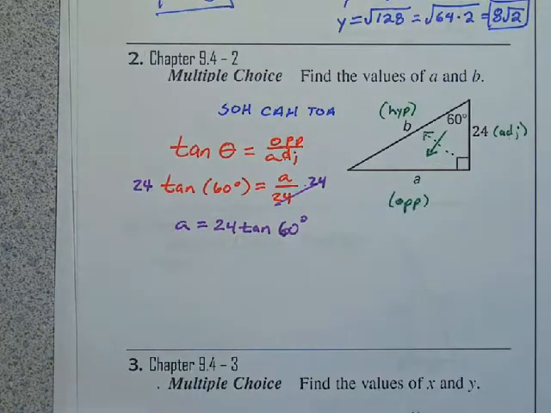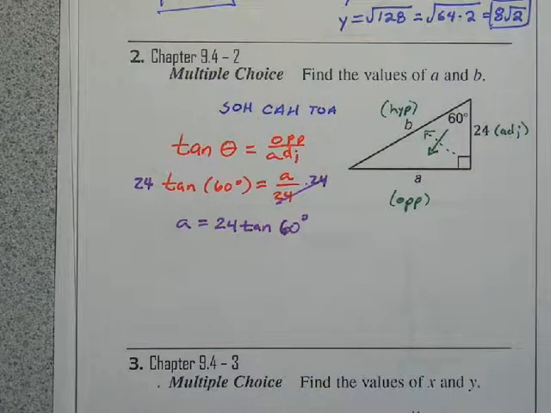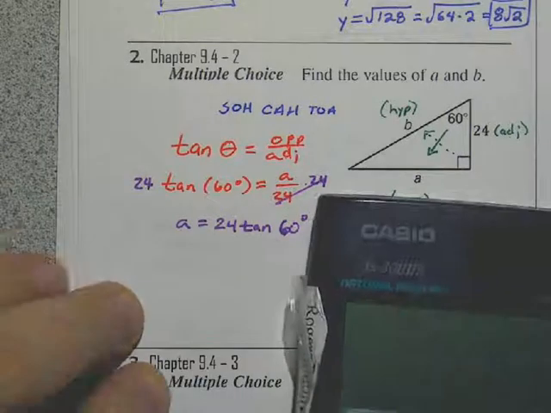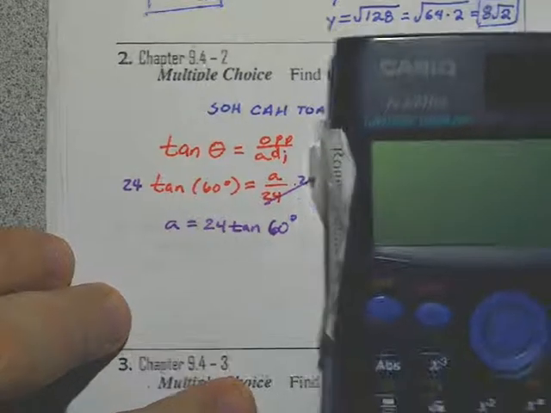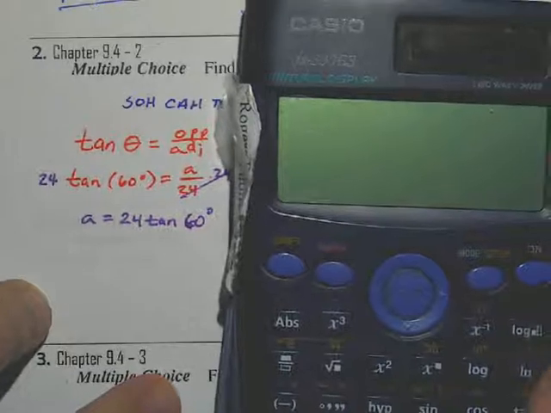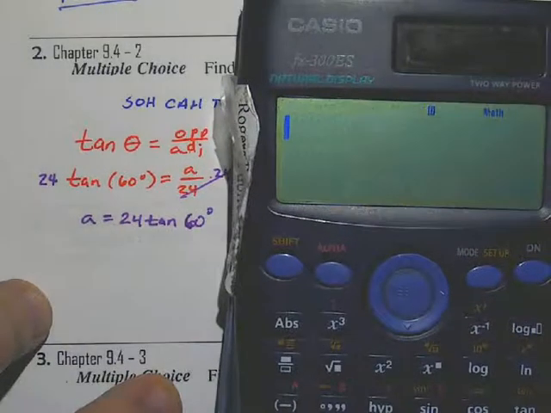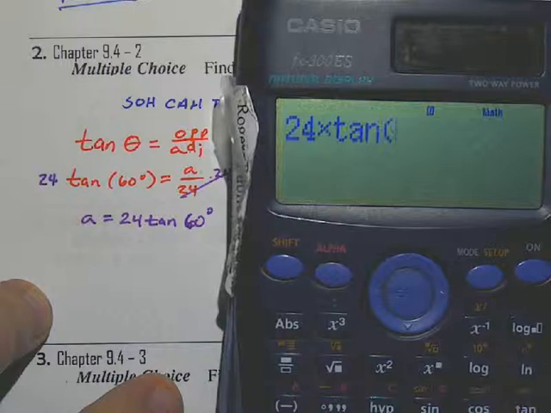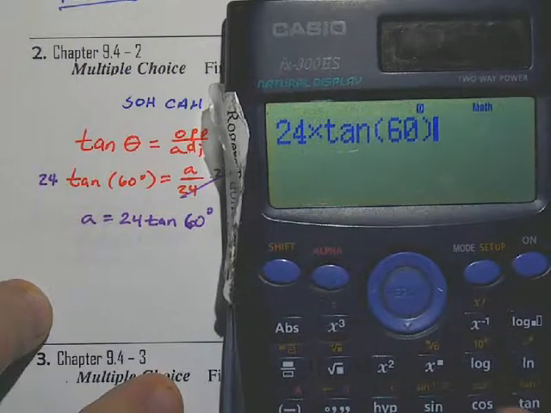I'm going to show you how to plug that into your calculator. Okay, so on your calculator, I want to put in 24 tan 60. I'm going to type in 24 times, hit the tangent button, put 60 inside and close the parentheses.